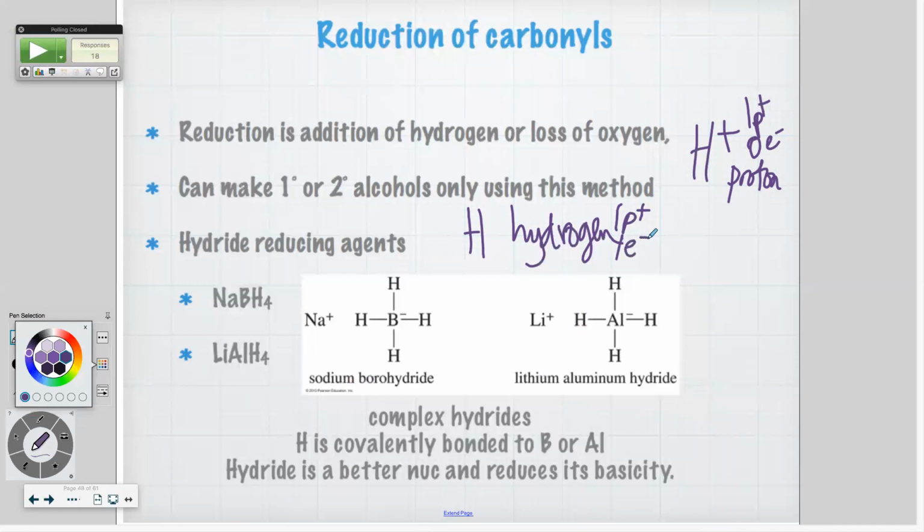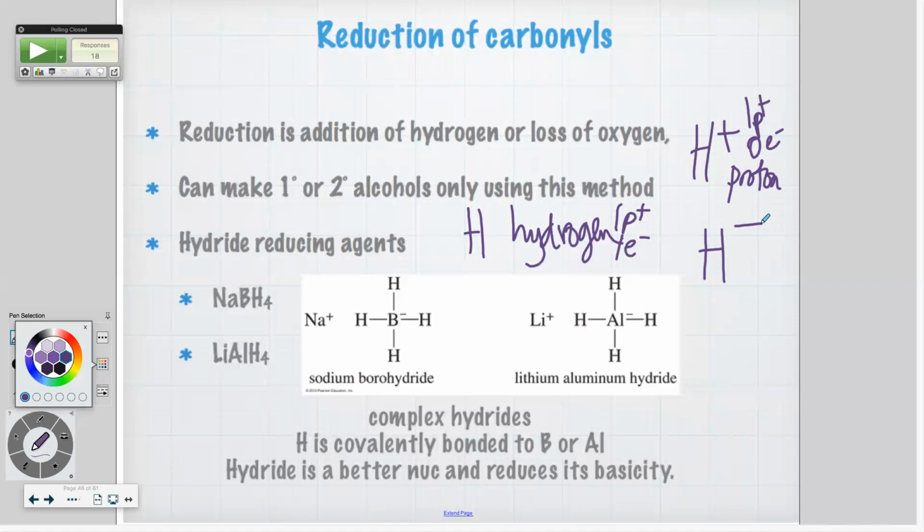Okay, what is hydride? Well, if something ends with "ide," it typically has what charge? Hydroxide, fluoride, negative. This is an H with a negative charge. That's hydride. Did you ever have to draw structures for sodium hydride, NaH? Remember, hydrogen sometimes gets put in the middle of the periodic table because it can gain an electron and go to the right, or it can lose an electron and be on the left.